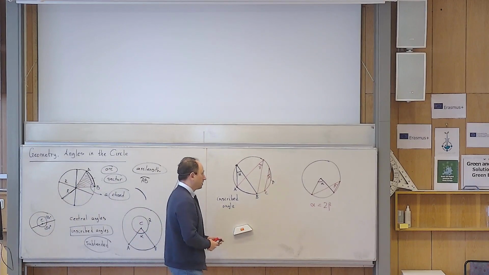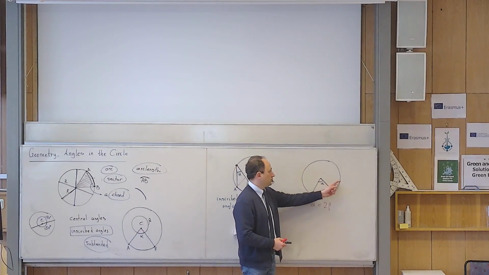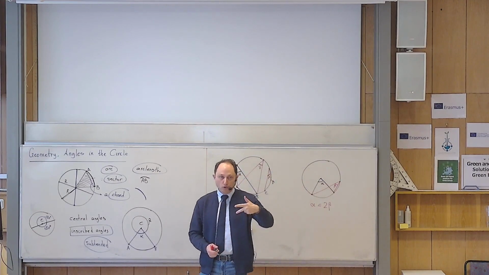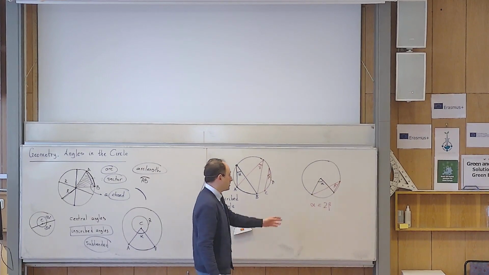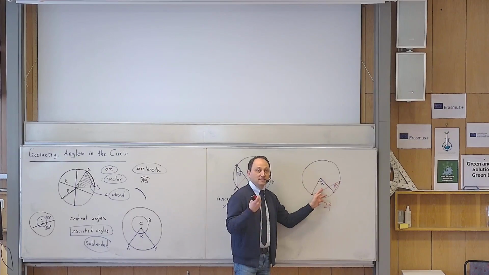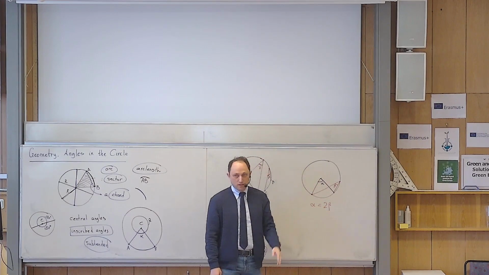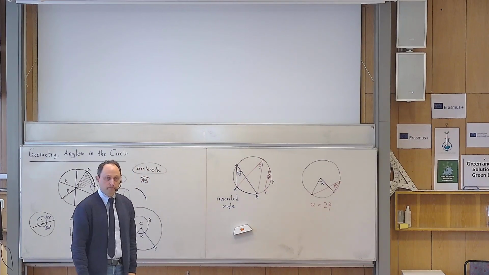So what do I want to show? If I have two angles, one central, one inscribed, but both of them subtend the same arc, the size of the central one is exactly, not approximately, exactly 2 times larger than the size of the inscribed one. This is something that we want to show.